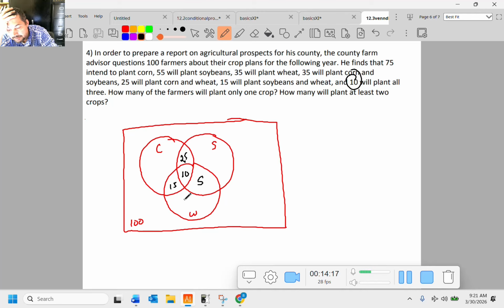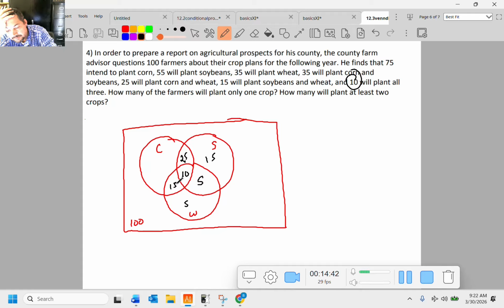Been a while since I've done these. 35 will plant wheat. I'm at 30 here with these 3 numbers. That leaves 5 for wheat. 55 will plant soybeans. 25 and 10 is 35. 40. 15 left. 75 will plant corn.